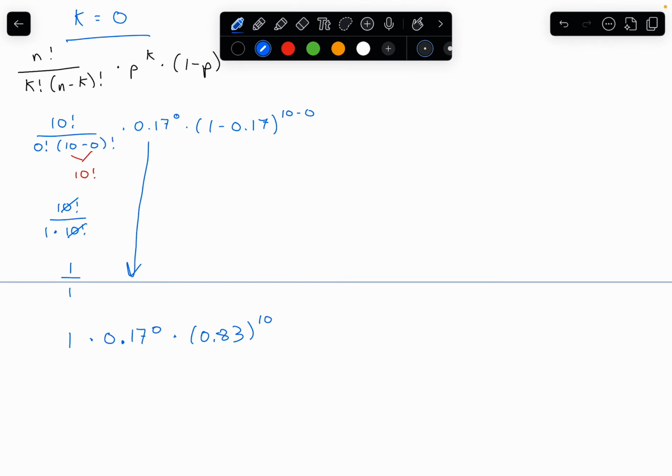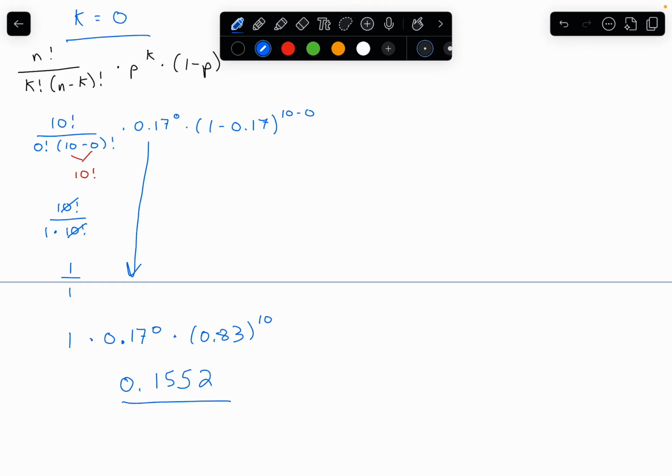So if I multiply all this out, 1 times 0.17 raised to the 0th power times 0.83 raised to the 10th, I end up with 0.1552 if I round to 4 decimal places.